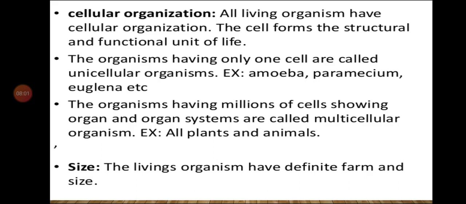If the organism has only one cell, then it is called a unicellular organism, for example amoeba, paramecium, euglena, etc. If the organisms have millions of cells, showing organs and organ systems, then they are called multicellular organisms, for example all the plants and animals. The next characteristic is size. Living organisms have a definite shape and size.